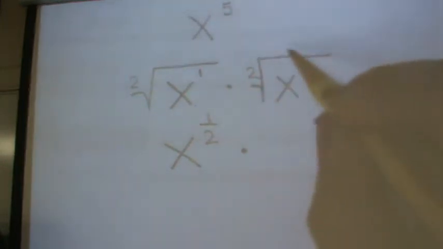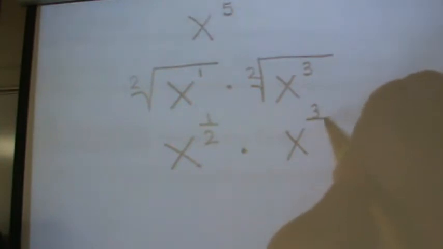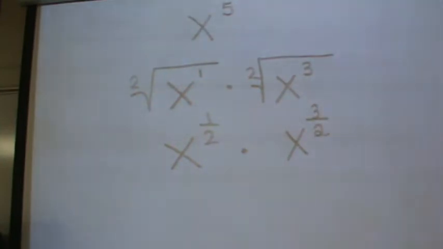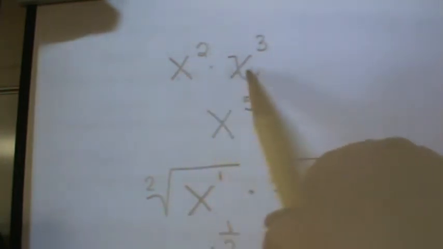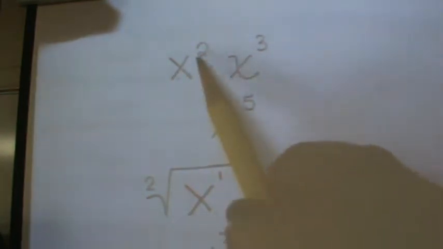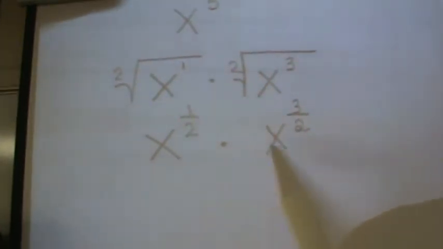Now, can you convert this for me? x to the 3/2. Now, look at this rule right here. If bases were the same, we kept the base the same and we added the exponents, right? So you just add 1/2 and 3/2. Yep, you got it. Our base is x.